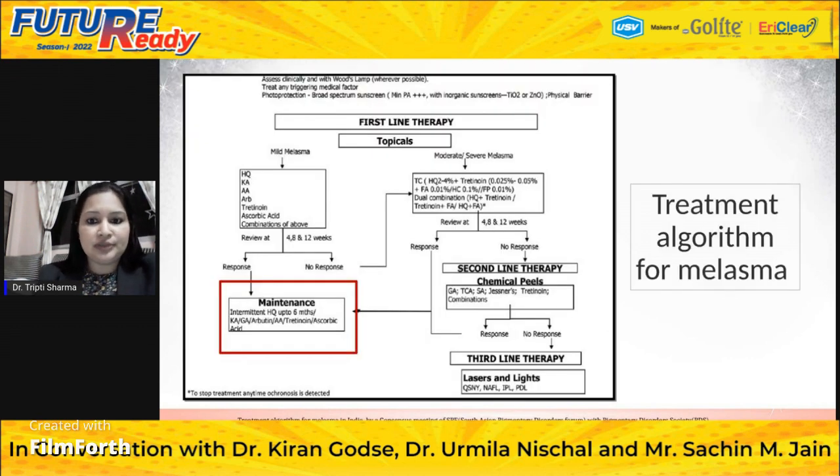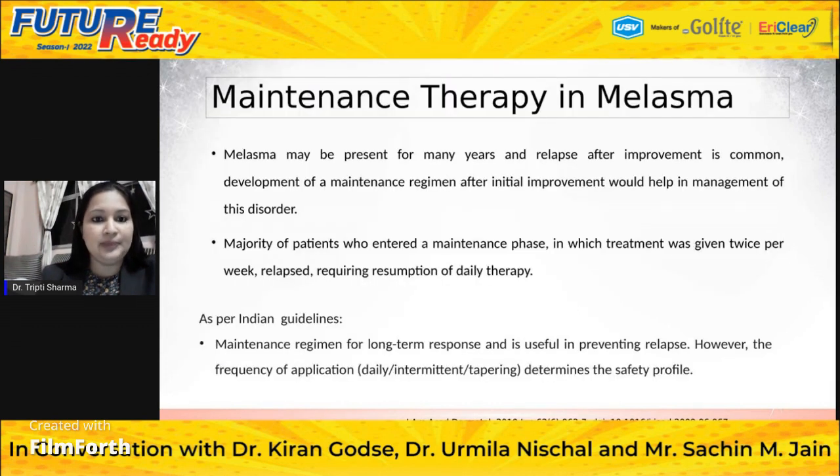Coming to the treatment algorithm of melasma, we are especially concentrating on maintenance therapy. Intermittent hydroquinone up to 6 months, followed by kojic acid, glycolic acid, tretinoin, and ascorbic acid. These are the regimes used as maintenance therapy.